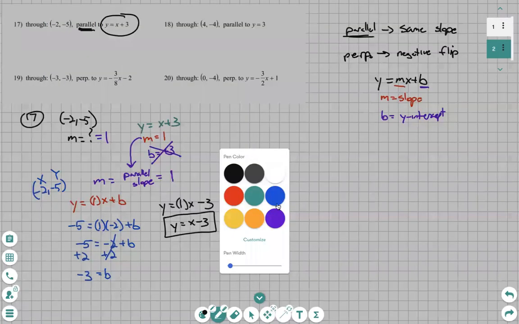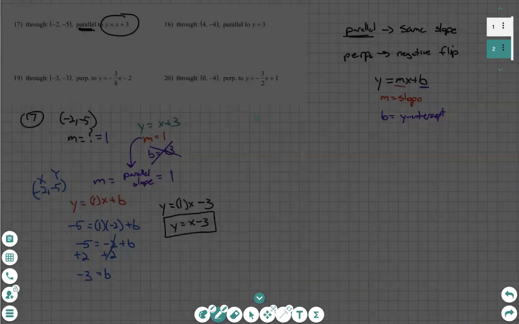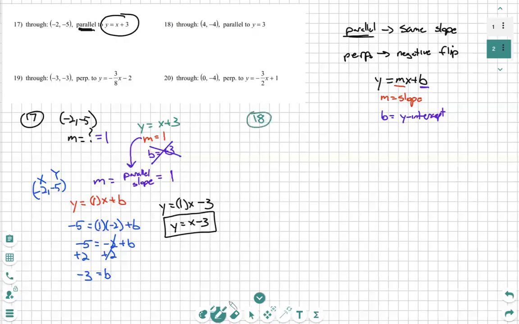Let's do 18 very quickly. Let's put a little line here. So for 18, what we need to recognize is what is the slope first. So this one's a little tricky, right? Because we have y equals 3.